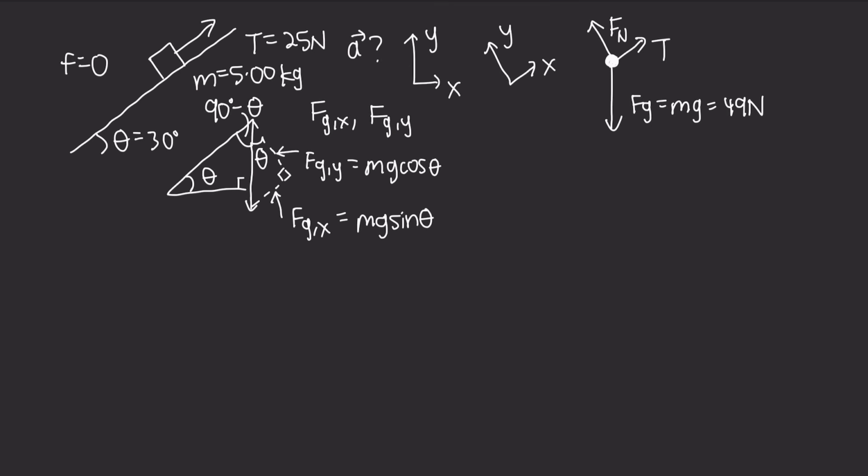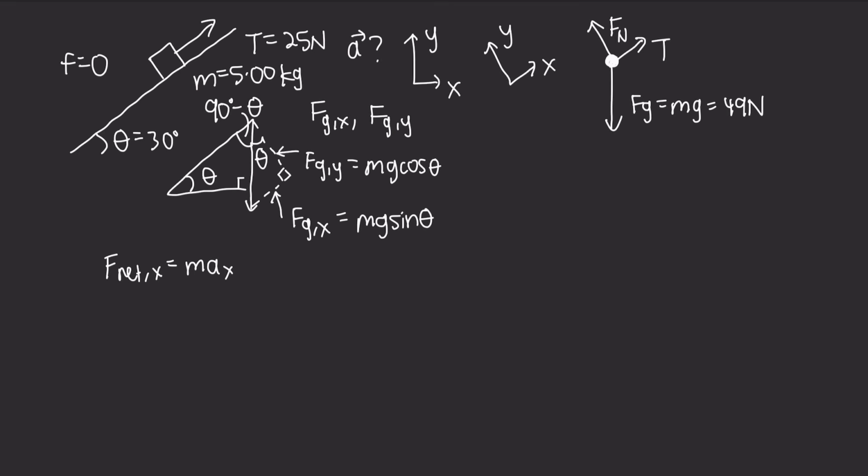Okay, now that we've dealt with all the forces, we can write Newton's second law for motion along the tilted x-axis. We get that the net force in the x direction is equal to the mass times the acceleration in the x direction. And the component ax is the only component of the acceleration, since the box is not jumping up from the plane or descending into the plane.